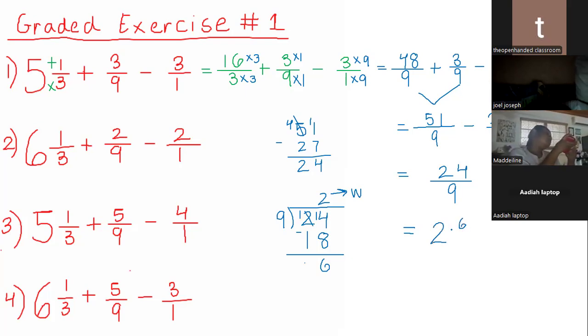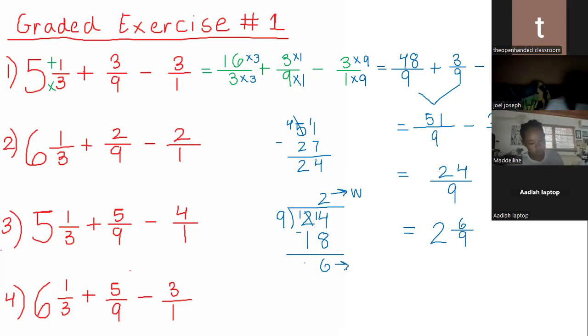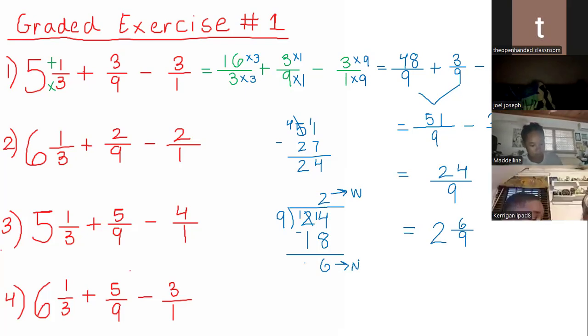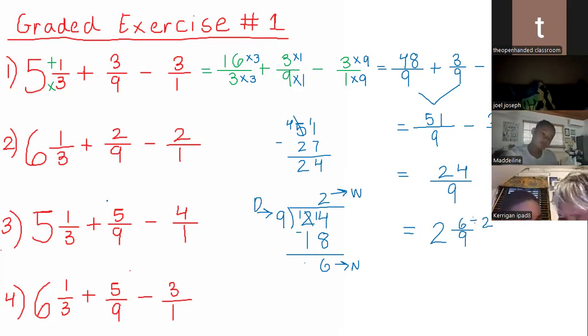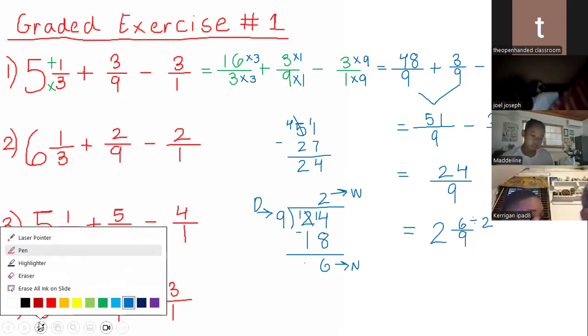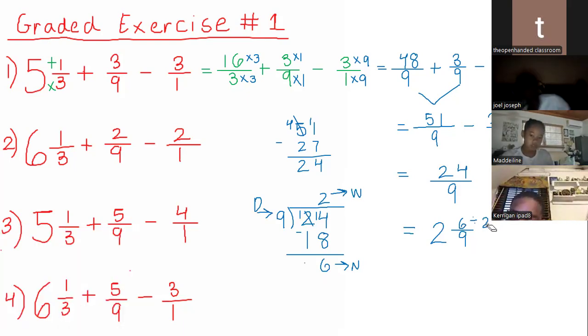All right, you understand that? Class, we have to simplify this, right? What could we use to go into 9 and 6 without even a remainder?